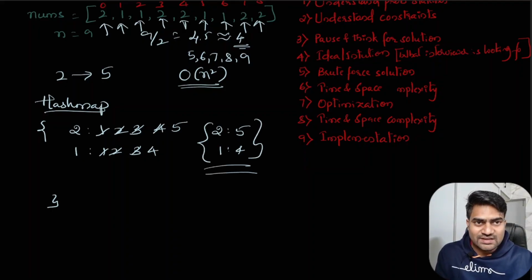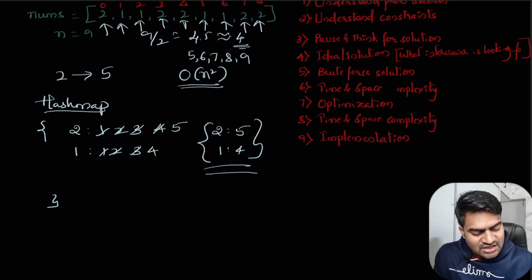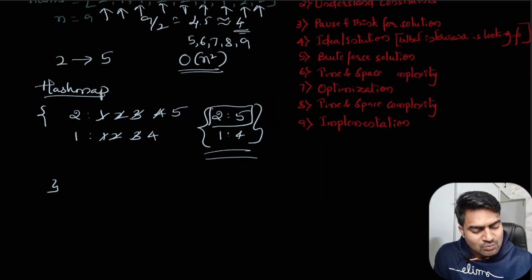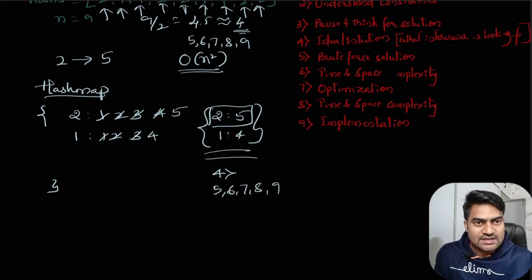So if this is our final hash map after the iteration, then what we can conclude is that a number must appear more than n by 2 times, which is more than 4, meaning it should be 5, 6, 7, 8 or 9.